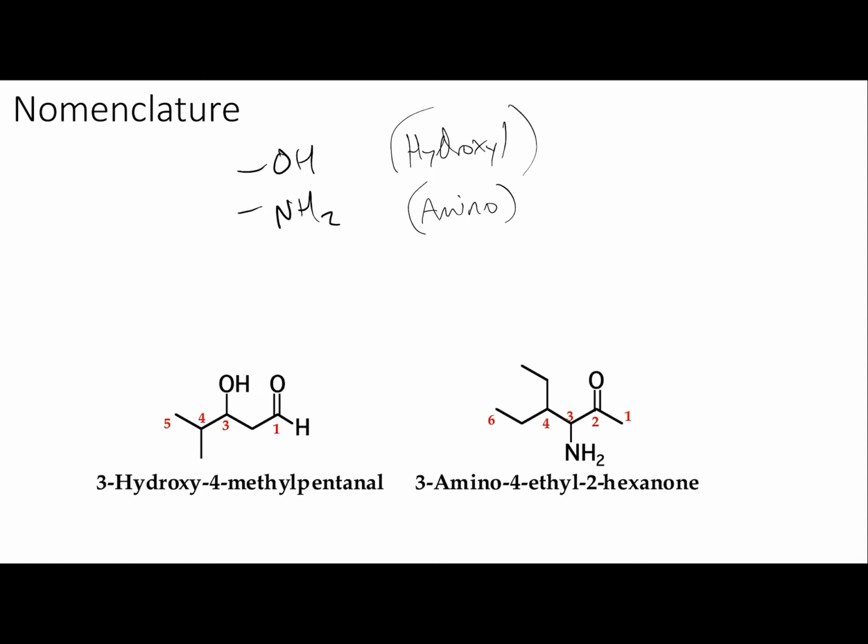We would indicate that the OH substituent is called a hydroxy. So this would be 3-hydroxy-4-methyl, because the hydroxy is on the 3, and the methyl's on the number 4. It's a pentanal, so we don't have to say anything about the position of the carbonyl. But we would call the OH hydroxy here.